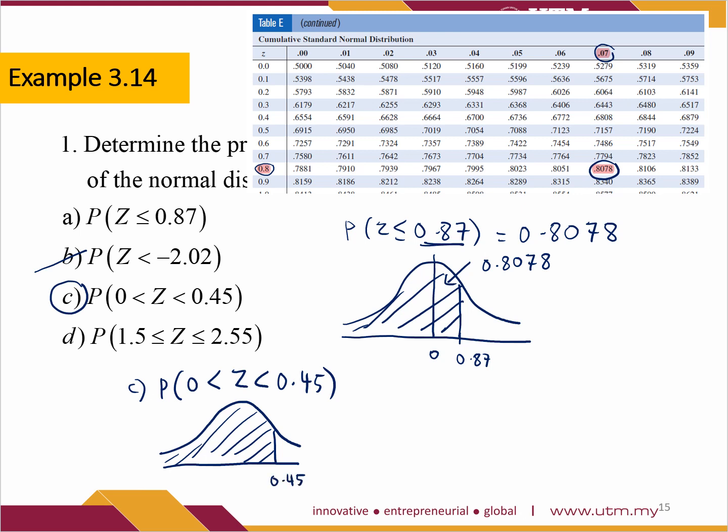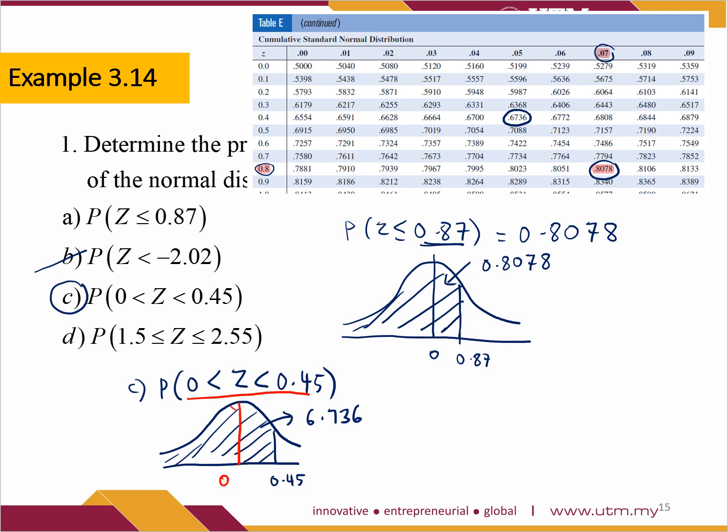So here 0.45 refers to the area from negative infinity up to 0.45, which is equal to 0.6736. But we just want to find the area between 0 and 0.45.